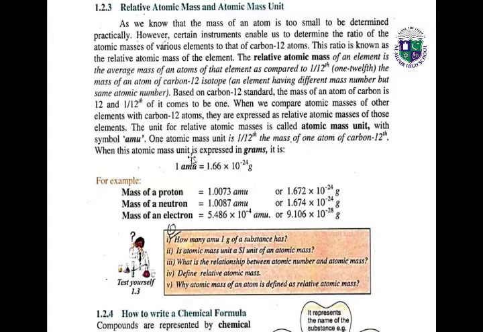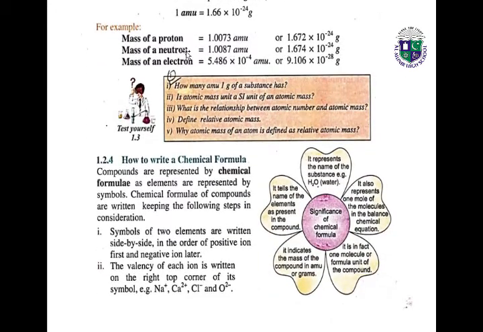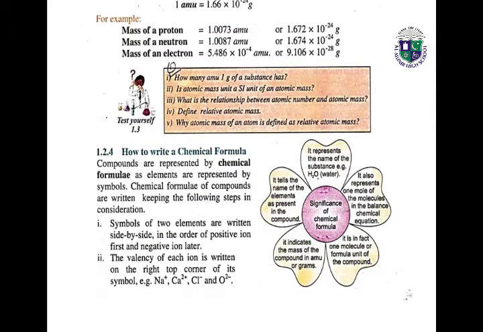When this atomic mass unit is expressed in grams, one atomic mass unit is equal to 1.66 × 10^-24 grams. You have to remember this value for your numerical type questions. So the mass of proton is given, mass of neutron is given, and mass of an electron is given.